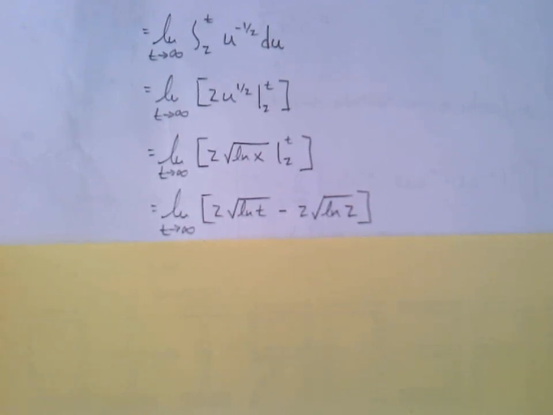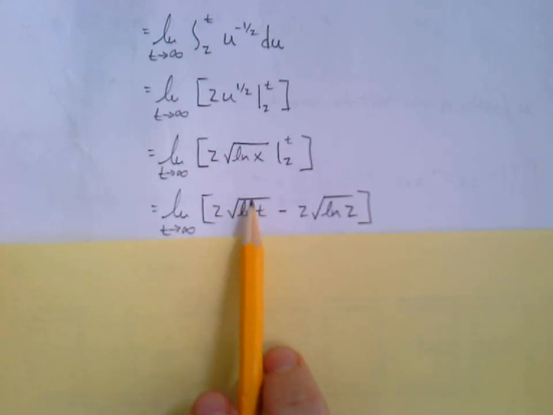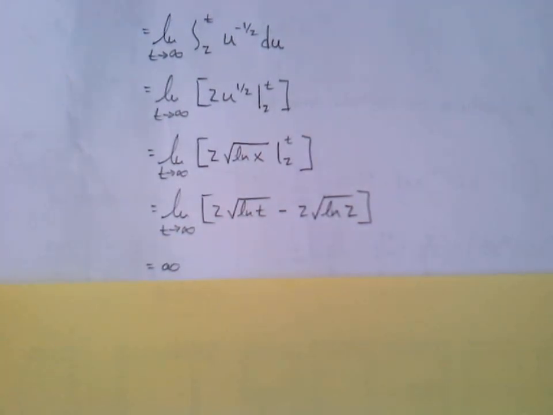Now, what happens as we take the limit as t goes to infinity? Well, the natural log of infinity is infinity. The square root of that, it's all going to infinity here. That's a number, so infinity minus some number is infinity, and we can tell that that integral diverges. Of course, we're not quite done yet. The question originally was not about the integral.